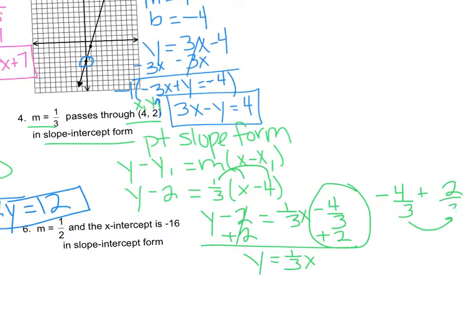So I'm putting a 3 here, which means I need to multiply that 2 by a 3 as well. So that should give you a 6/3. So you're only going to combine the numerators, which would give you a positive 2 over your denominator, which is 3. So -4/3 plus 6/3 would give you 2/3.